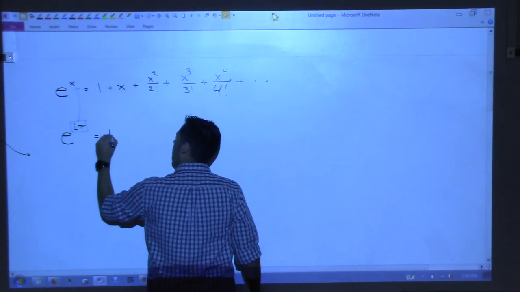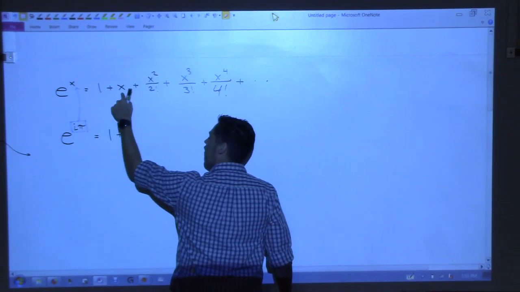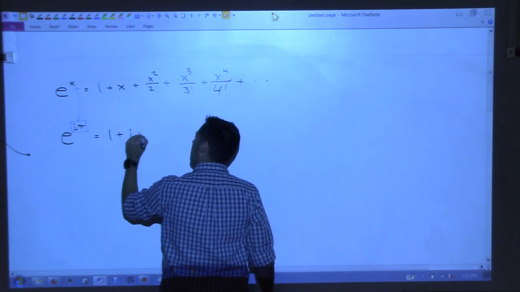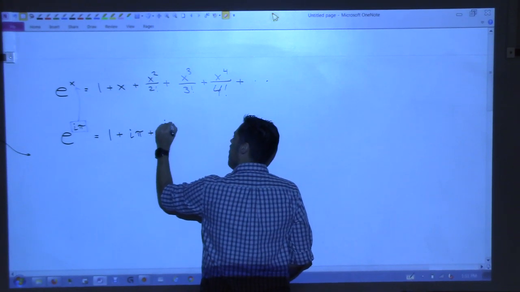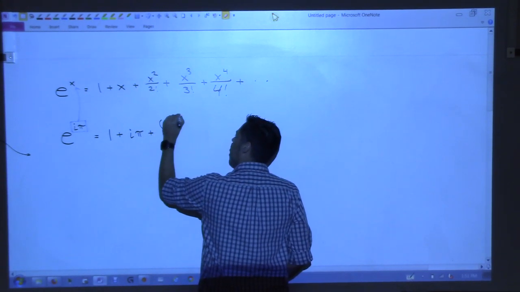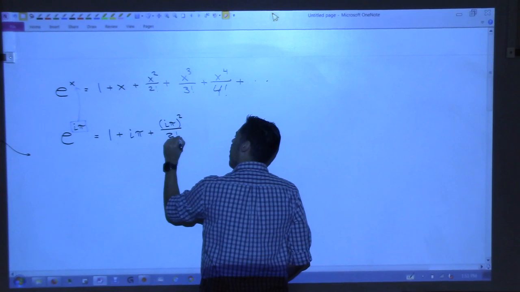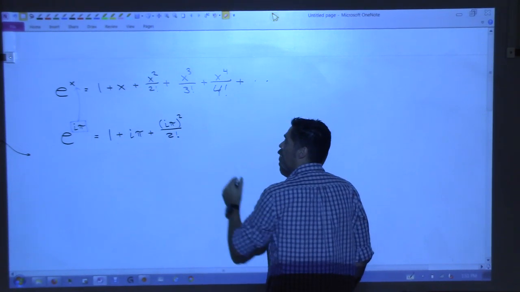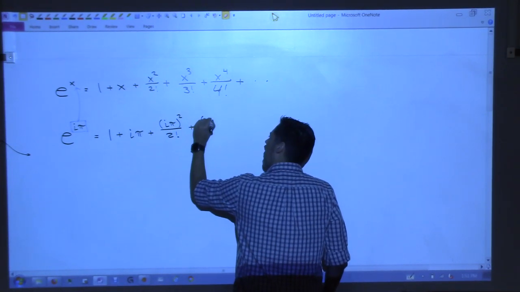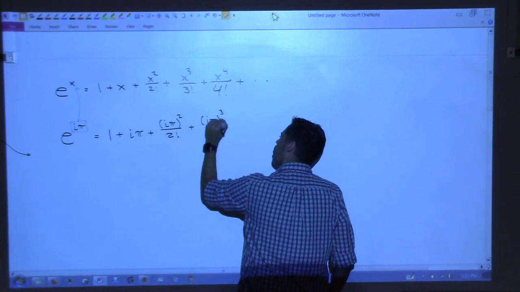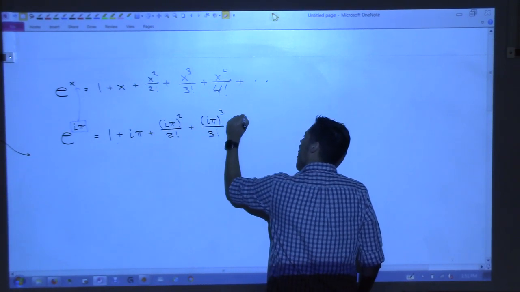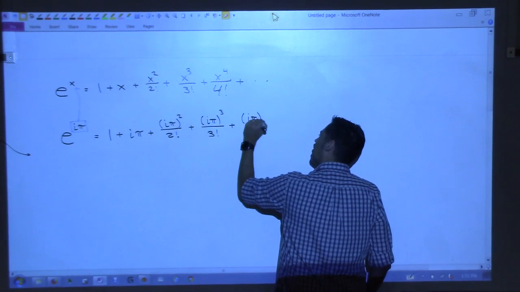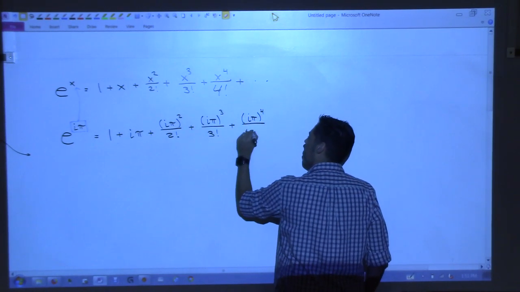So we get 1 plus what? i times pi, plus i times pi, that quantity squared, over 2 factorial. Keep going. i times pi cubed over 3 factorial, plus i times pi to the 4th over 4 factorial.